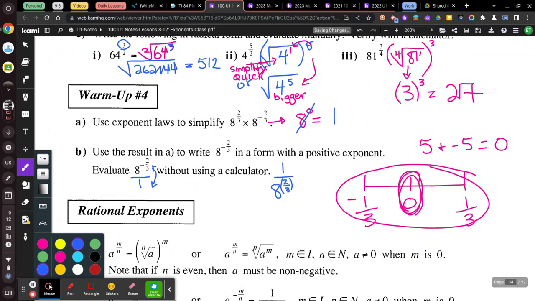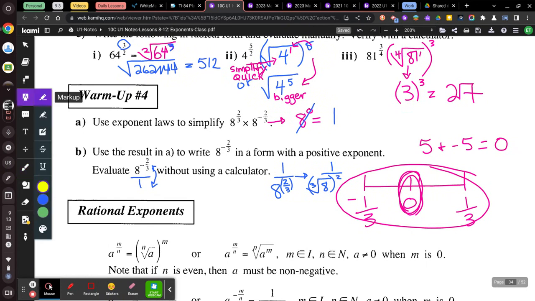2/3 is positive now. So now if it says convert to radical form and evaluate it without a calculator, well, that means I have to do this. That's going to be 1 over cube root of 8, all squared. Well, we know cube root of 8 is a perfect cube, which means we have to solve it.